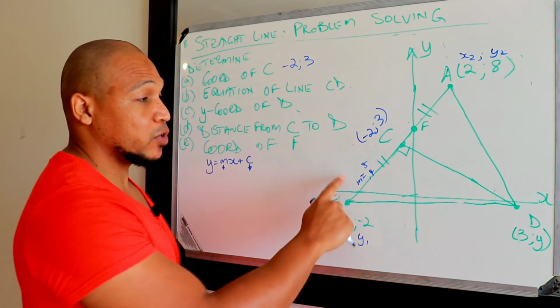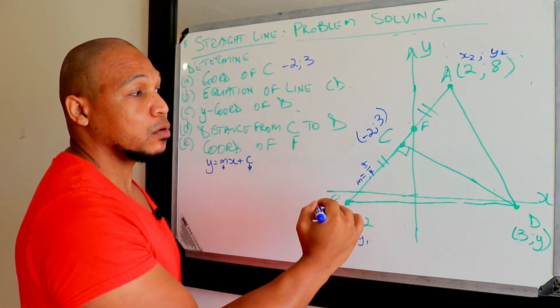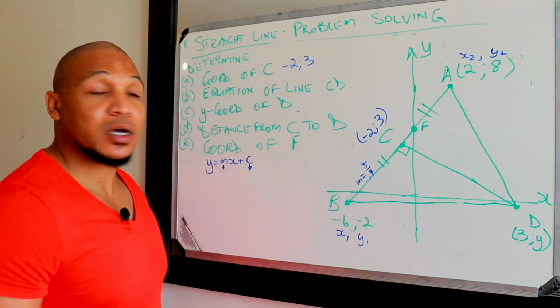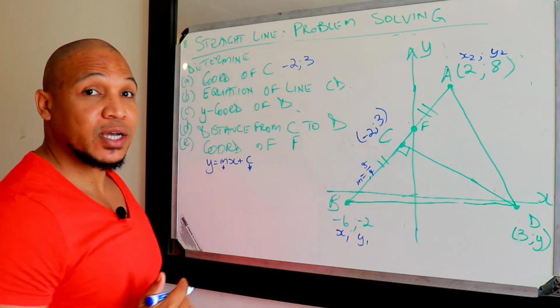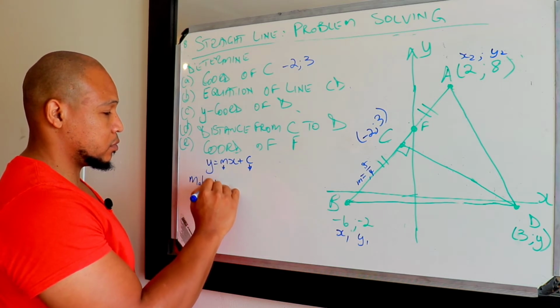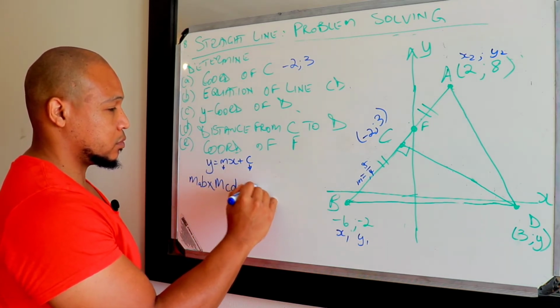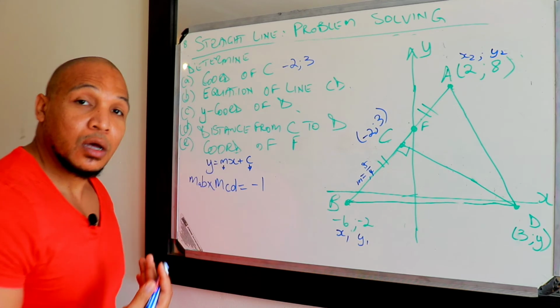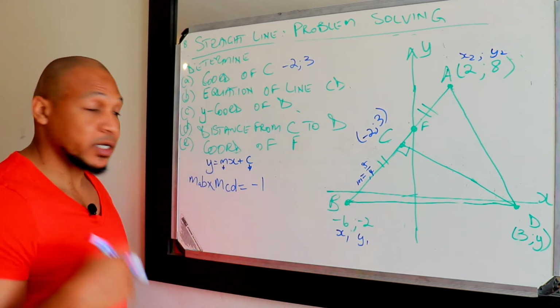Now that I have my gradient for line AB, which is 5 over 4, I can use this formula to calculate my gradient for line CD. I've got my formula, and now I substitute.